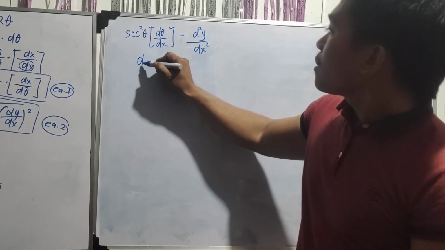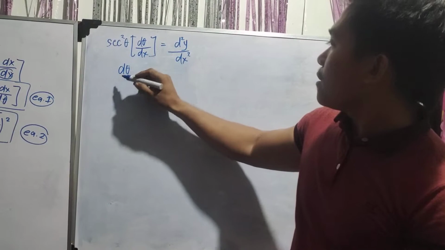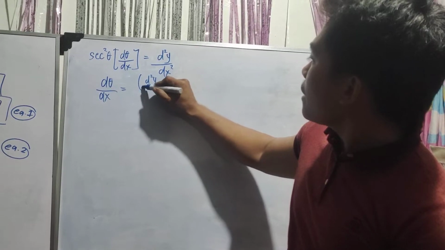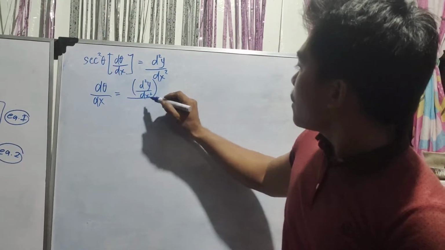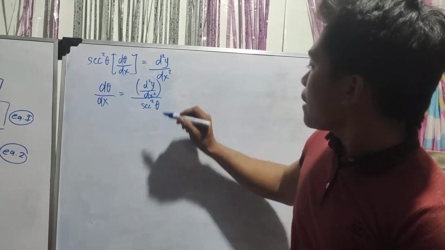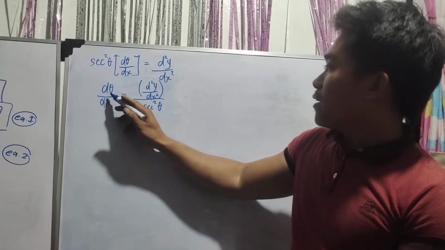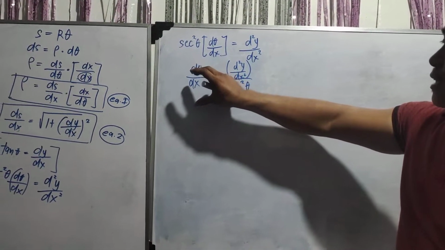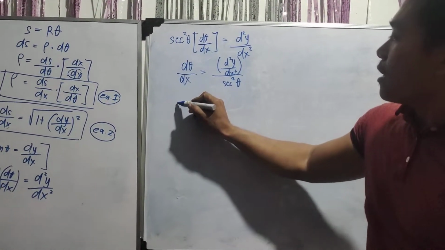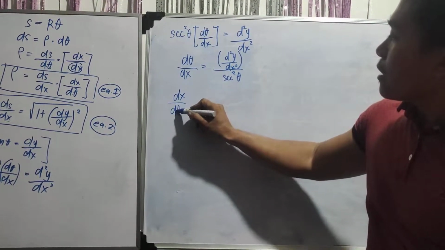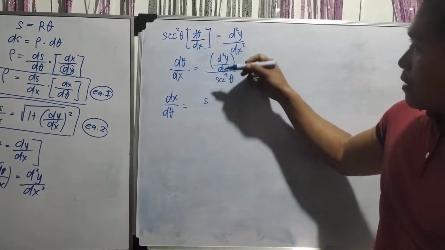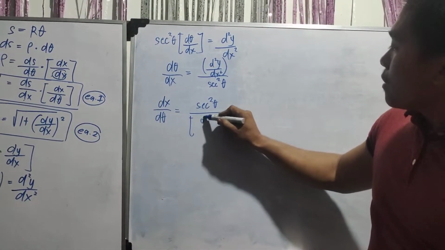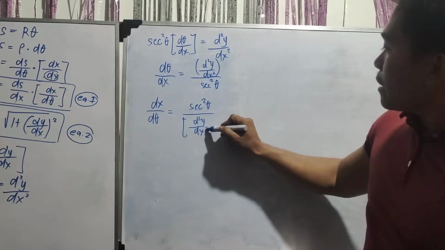Now, I move the secant squared theta over here, d theta over dx is just d squared y over dx squared over secant squared theta. Now, my goal is dx over d theta, not d theta over dx. So, I'll just take its reciprocal. So, taking its reciprocal, dx over d theta is just secant squared theta over d squared y over dx squared.